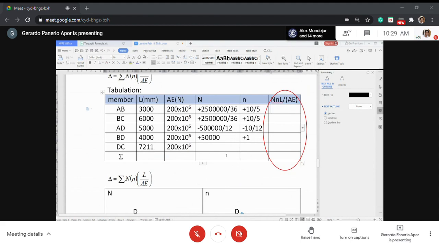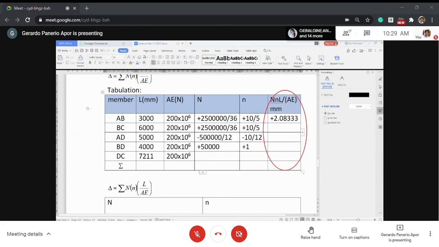We have positive 2.0833. This is mm. The unit here is mm. Okay.